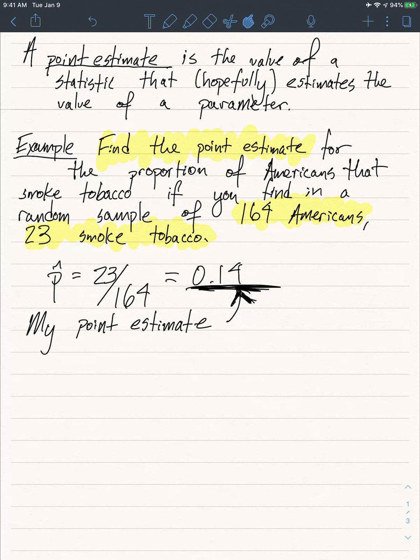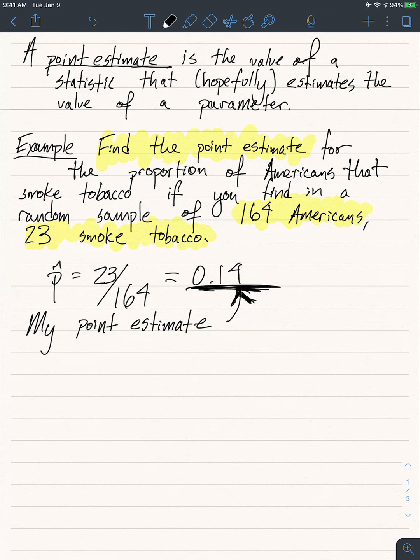Let's see. Point estimate is the value of a statistic that hopefully estimates the value of a parameter. So we went out, we sampled 164 Americans. We're guessing, well, we found that 14% of them smoke. So my best guess for the percent of all Americans that smoke would be that 14%. I don't have anything else to go off of.